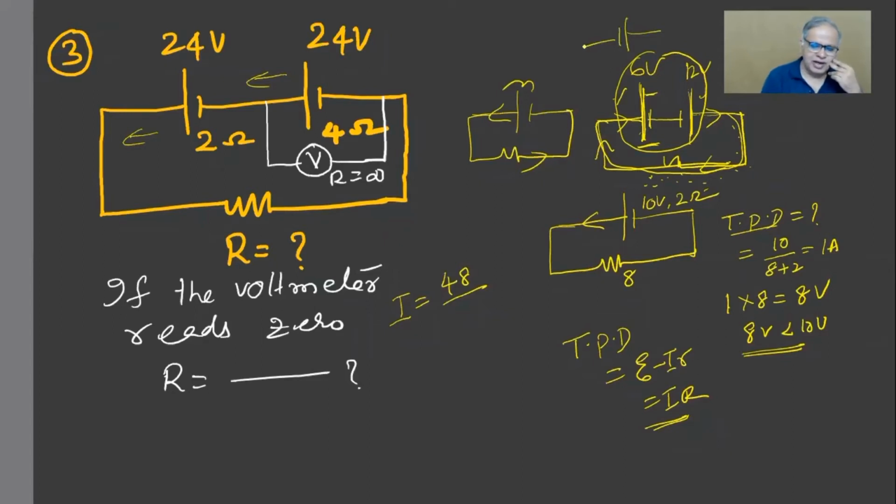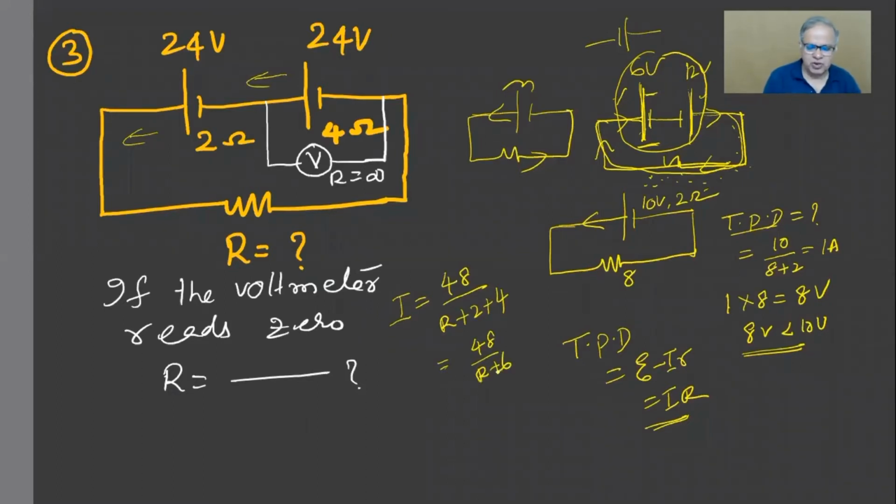Okay, 48 by, what is the total resistance here, children? R plus 2 plus 4. 48 by R plus 6.